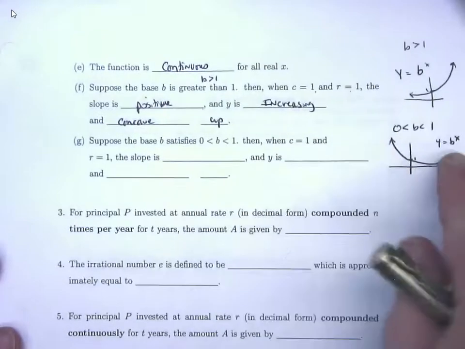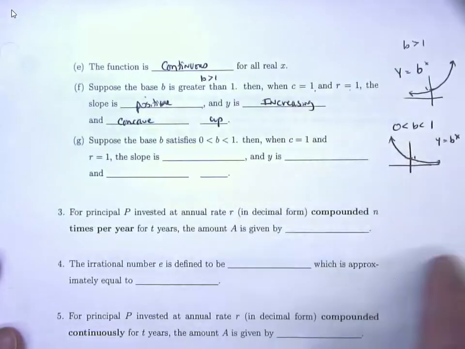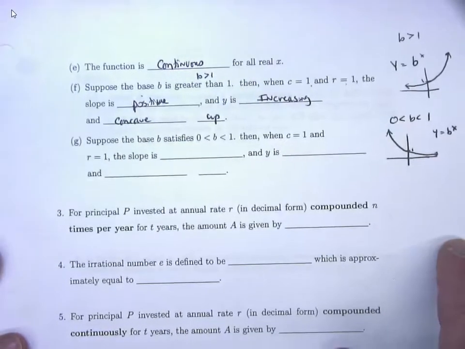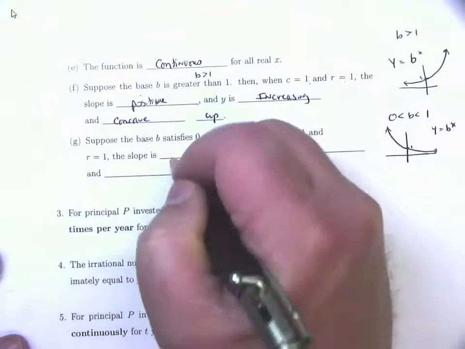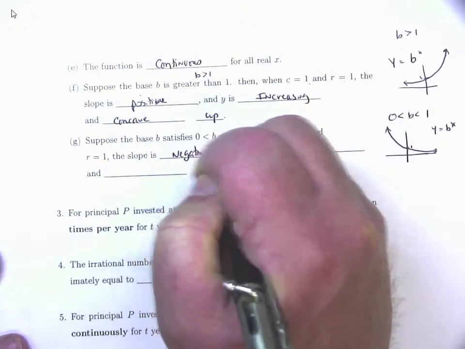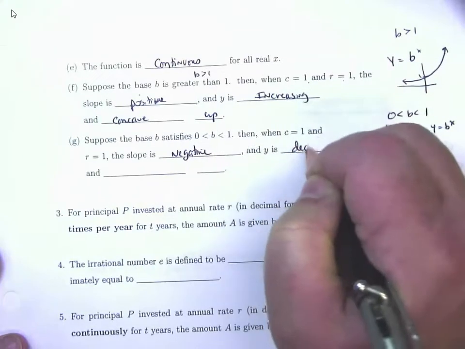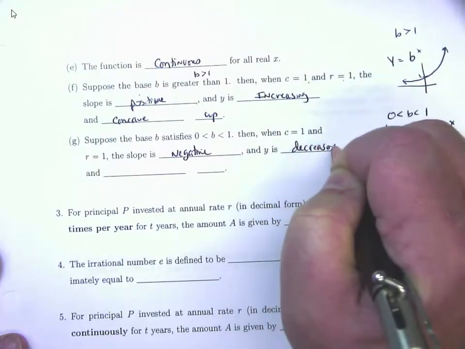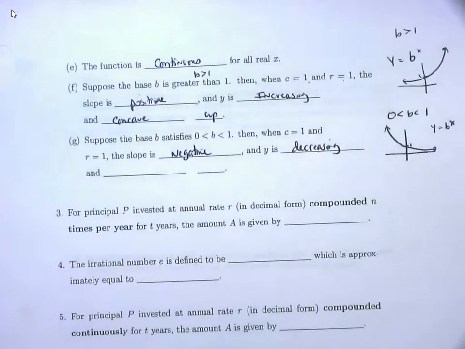As you read it from left to right, which direction is the slope of my tangent line going? It's going down. That means it's going to be negative, which means y is decreasing. But look at that second derivative again. What kind of second derivative do I have? It's still concave which way? Up. Concave up.